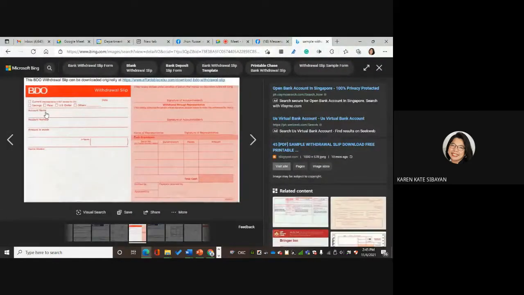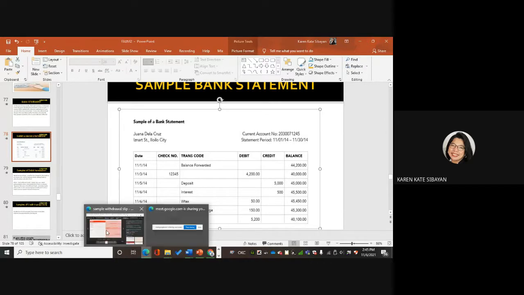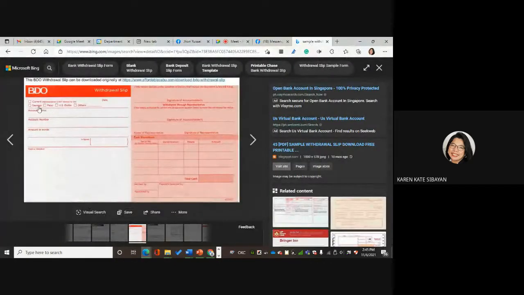So you put Juana de la Cruz. What is the account number? Let's check again. The account number is 203007145. Tama ba nilagay ko savings account? No, kasi ang nakalagay dyan is current account. So, ilagay mo current account. Dito pala, i-check natin. So, yun, ang ilagay mo.